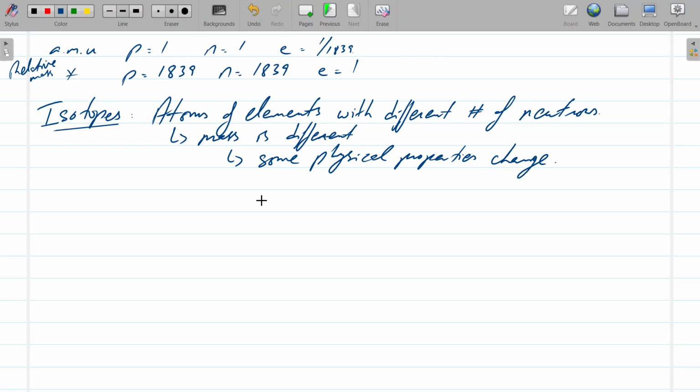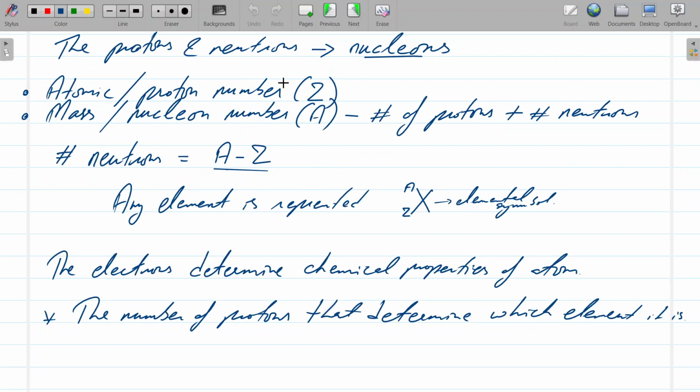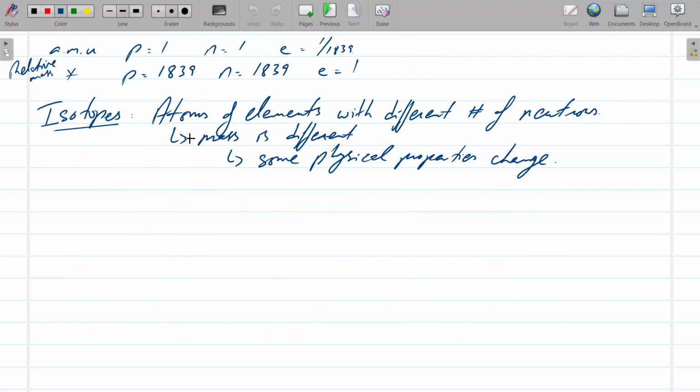Chemical properties depend on the number of electrons, so the chemical properties and the reactions they undergo do not change, right? And in many cases, when we talk about elements, isotopes are naturally occurring.